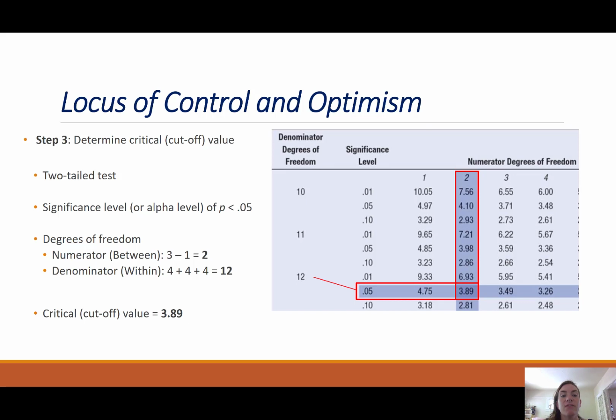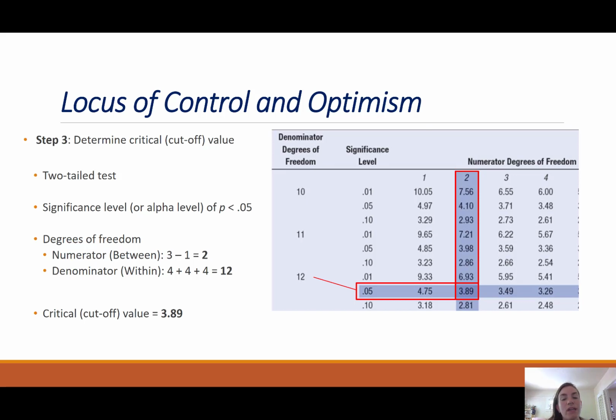In step 3, let's figure out, before we go ahead and compute our test statistic, what the critical cutoff value for our test is. So we're going to use a two-tailed test. For now, always assume that you're doing a two-tailed test for the ANOVA. The significance level, or alpha level of the test that we will use is p is less than 0.05.